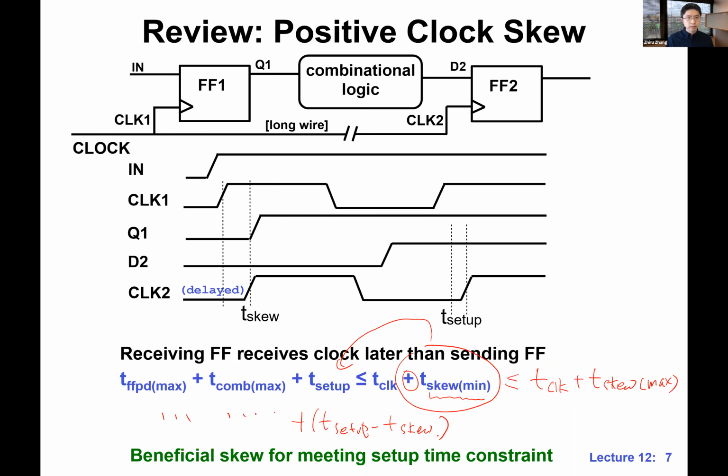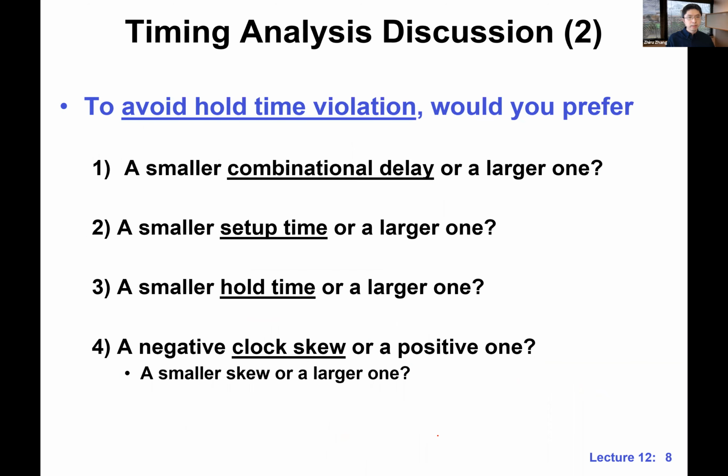All right, if this is clear, let's look at some more questions. Let's look at hold time violation. To avoid hold time violation, what would you prefer? Same set of questions. Smaller combinational delay or larger one? This is hold time. Very good. Larger.